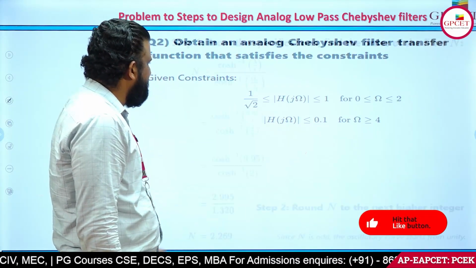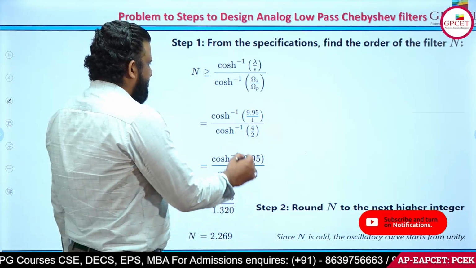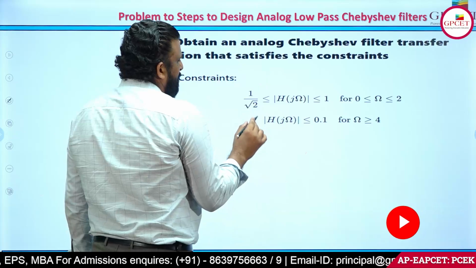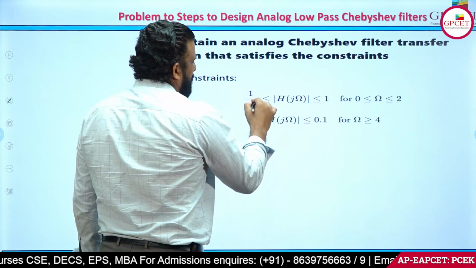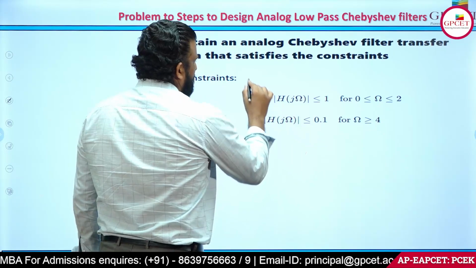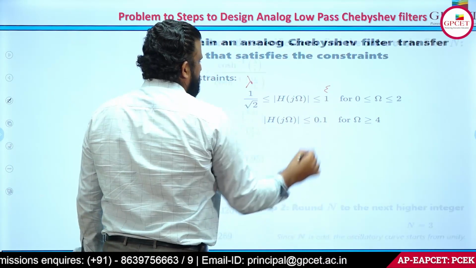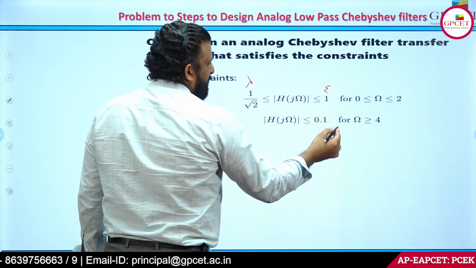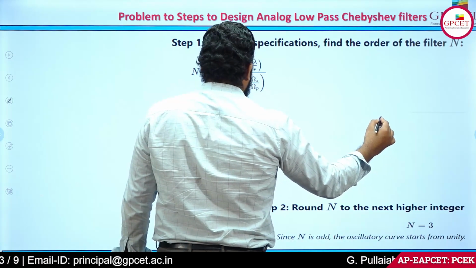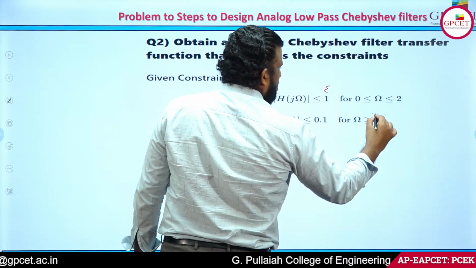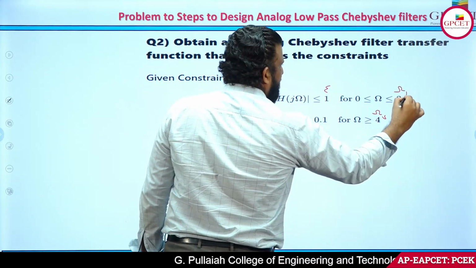So what are the values? Let us see here. N is greater than or equal to cosh inverse of lambda by epsilon, where we got lambda as 1 by square root... and here 4 by 2, so 4 is nothing but omega s, and this is omega p.